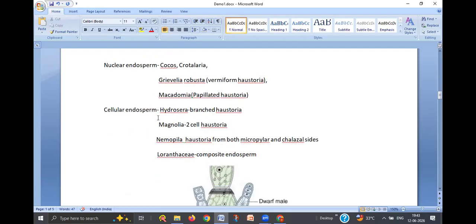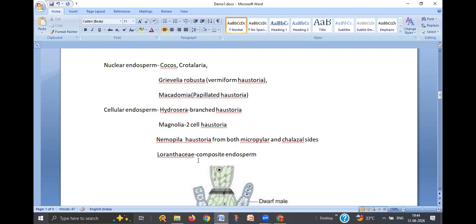And cellular endosperm examples: Hydrocera has branched haustoria. In Magnolia, the haustoria has two cells only. And in Nemophila, haustoria form from both the micropylar and chalazal sides. Usually haustoria is formed at one side, either the micropylar or chalazal side, but in Nemophila it is formed at both sides.